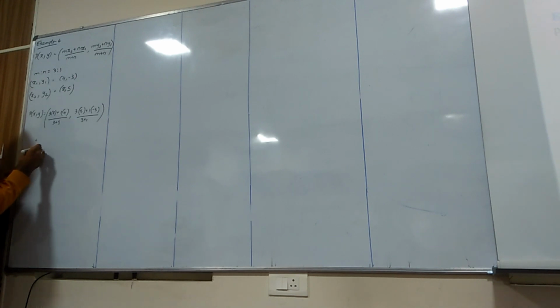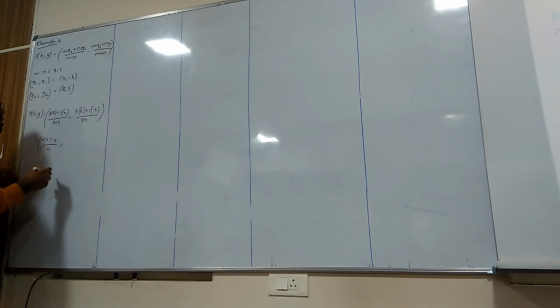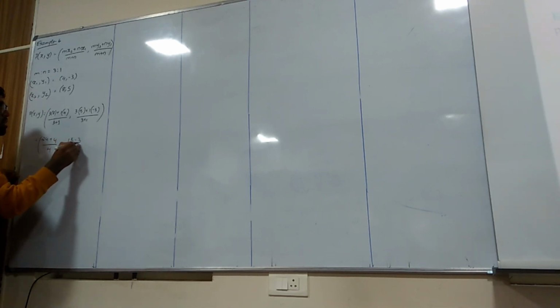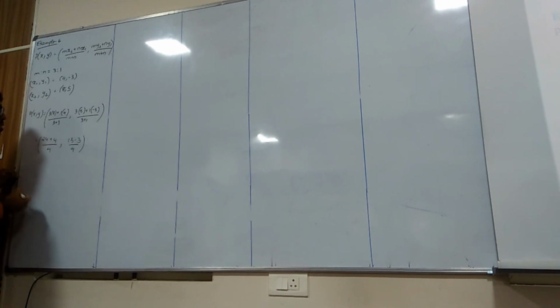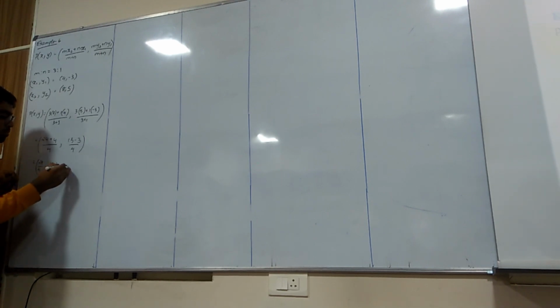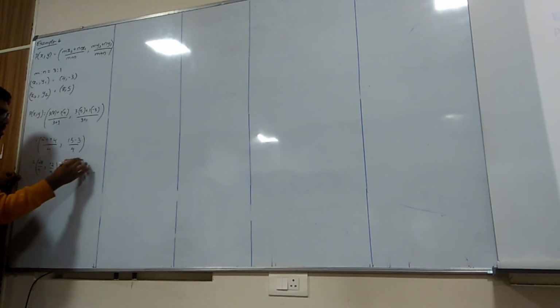So which is equal to 3 into 8 is 24 plus 4 divided by 4, comma 3 into 5 is 15 minus 3 divided by 4. That is nothing but 28 by 4, comma 12 by 4, which is equal to (7, 3). Any doubt?